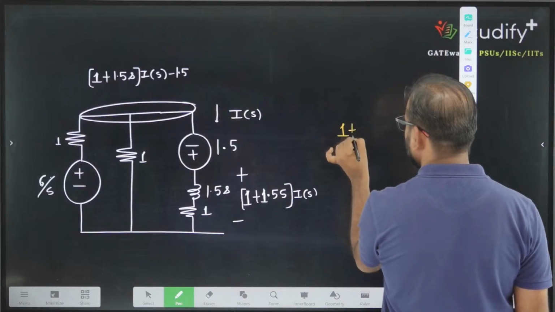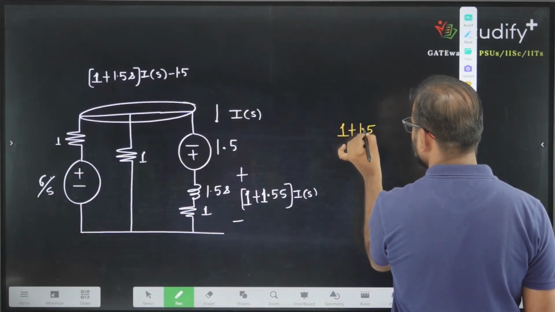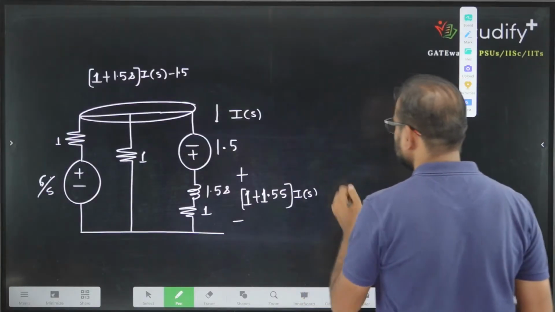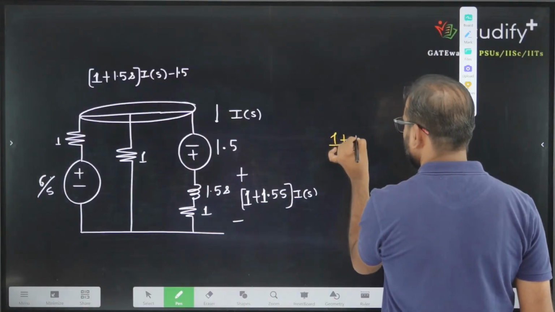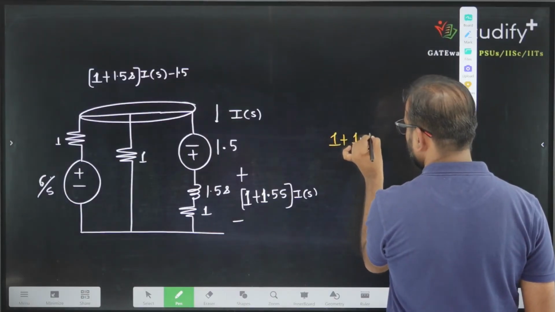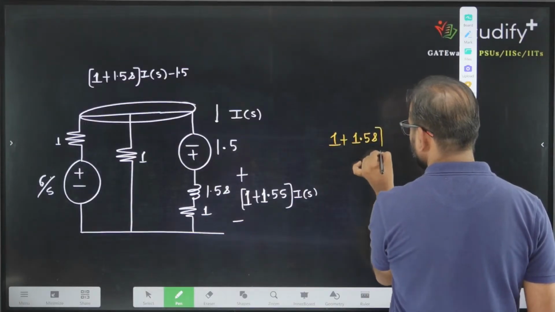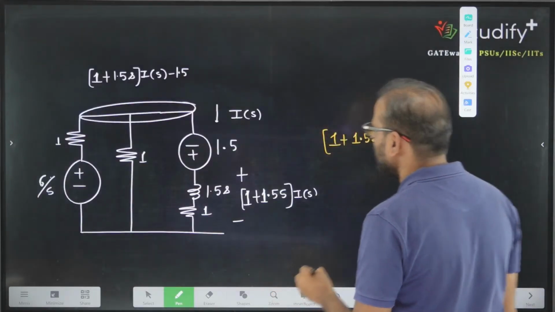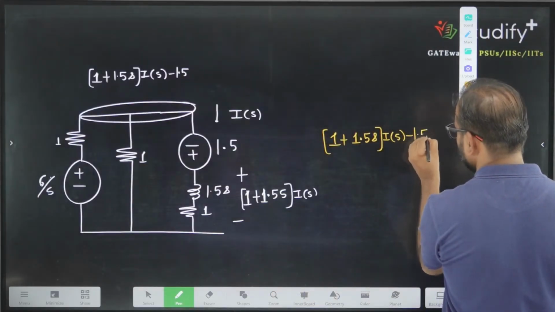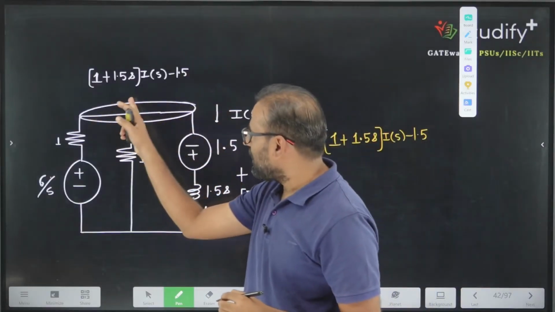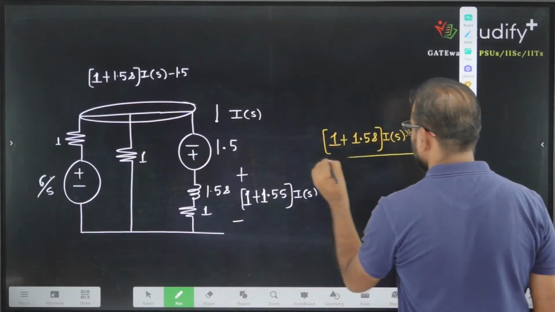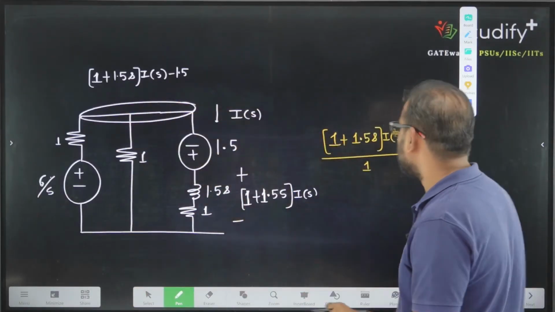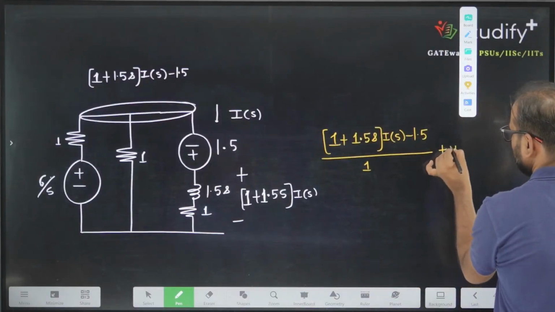1 plus 1.5 s into I of s, minus 1.5, divided by 1. This is the current in this branch going away. What is the current in this branch? This current is I of s.